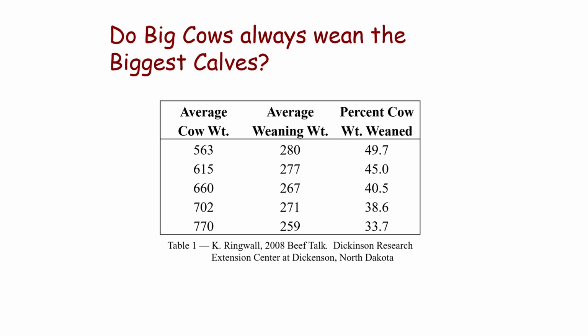But now I want you to look at the actual weaning weights, again in kilograms. Follow my red dot there from the 280 down to the 259. What's the trend there? Yeah, the bigger the cow, the smaller the weaning weight. What happened? Kept the nutrition the same.